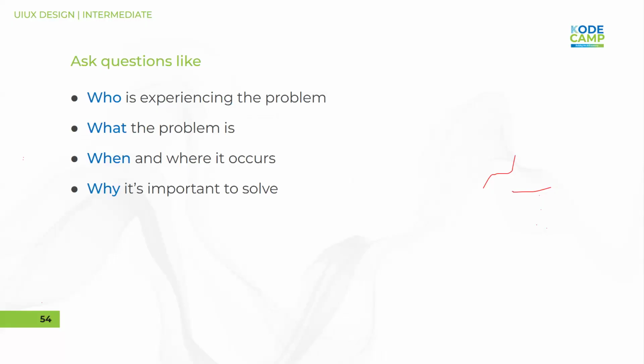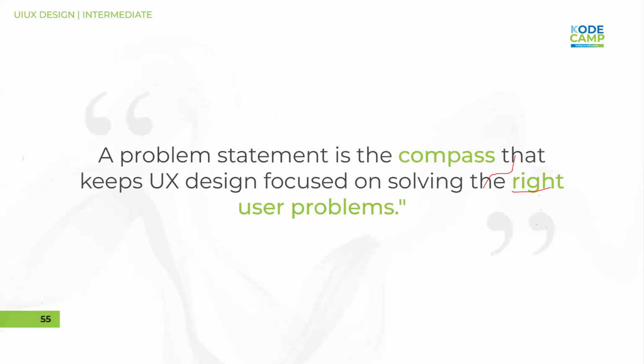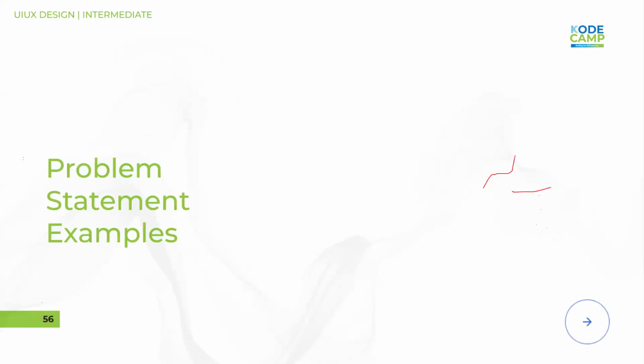So think of it like your compass that keeps you focused and solving real users' problems, not made up ones. So let's say a problem statement is the compass that keeps UX design focused on solving the right user problems.